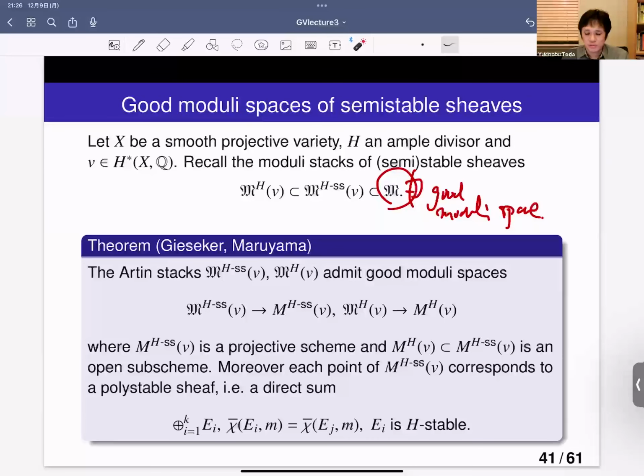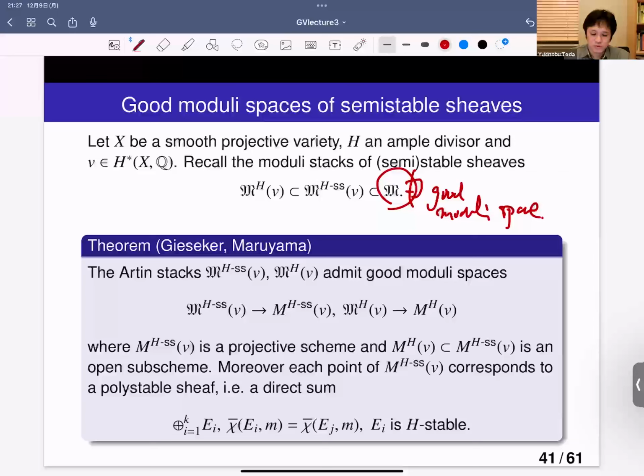Moreover, each point of this good moduli space corresponds to a so-called polystable sheaf, that is, a direct sum of stable sheaves with the same reduced Hilbert polynomial. The map sending a point of the moduli stack to the good moduli space is given by taking the associated graded of the Jordan-Hölder filtration.